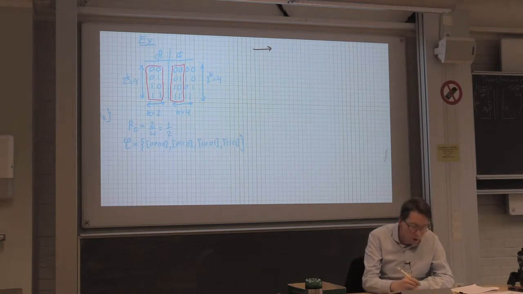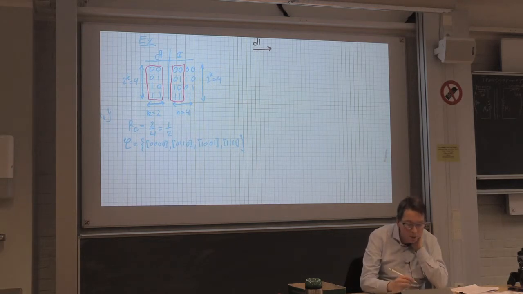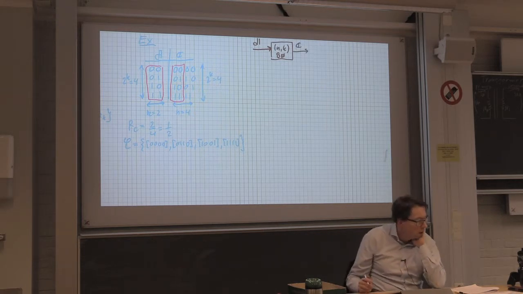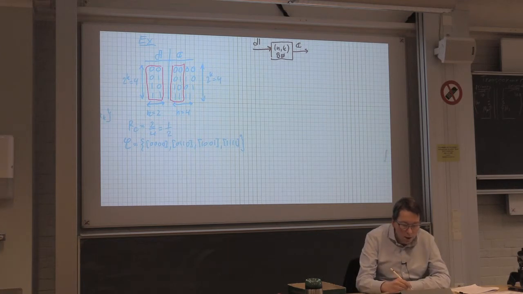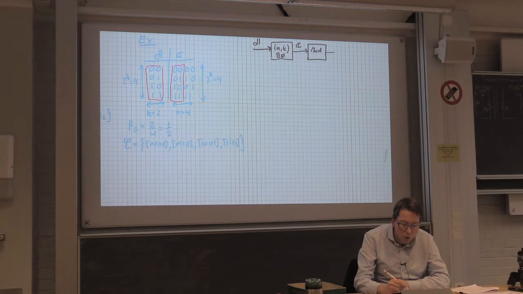We have our information bits, and then they go through an (N,K) block encoder to produce the coded bits, C. Then C is sent through some modulator, for instance PAM or QAM or whatever your favorite modulator is, to produce a transmitted signal, let's call it S.